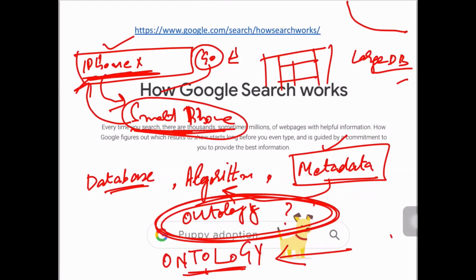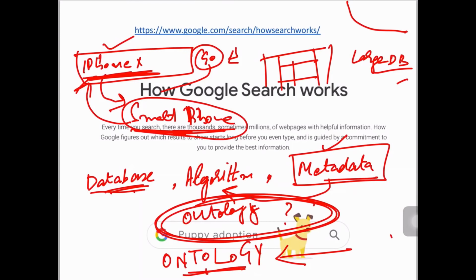With the metadata and algorithms such as ontology for knowledge management, and with the database, a search engine like Google will search your data from the stored databases and show it to you.